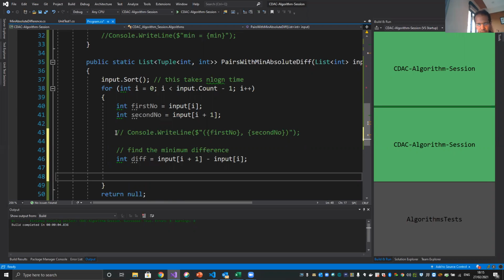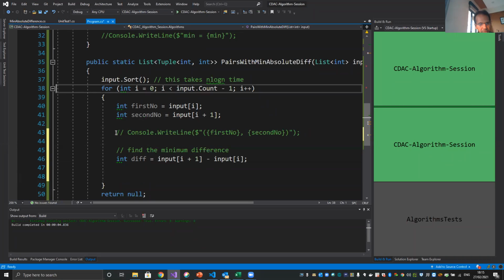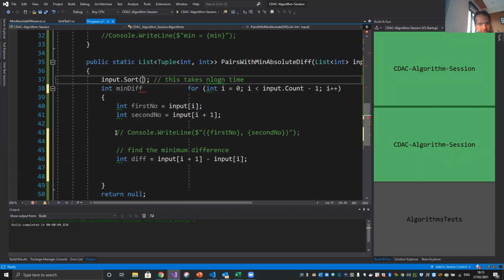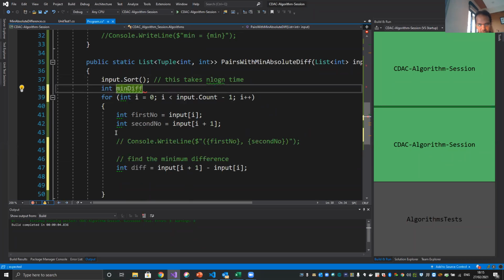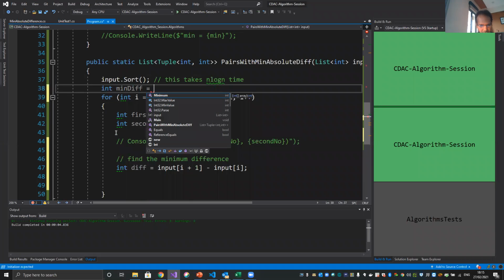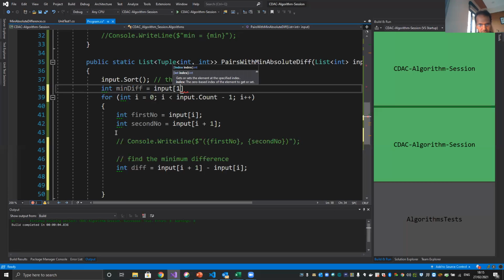And now I want to get the minimum difference. So, we wrote this code. You remember this? So we had the concept of a min diff. So imagine basically what you're doing. We are trying to find the minimum difference. So we say min diff equals input of 1 minus input of 0.